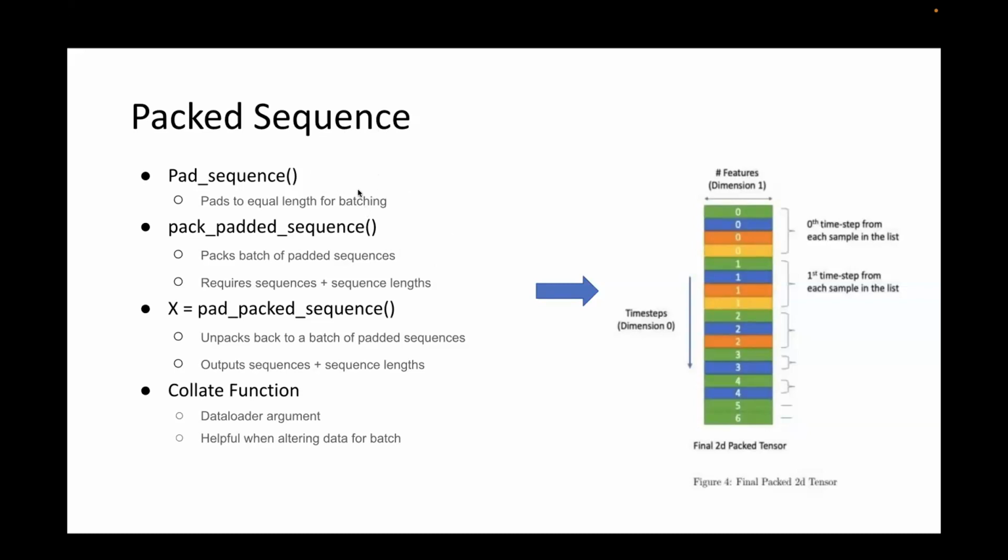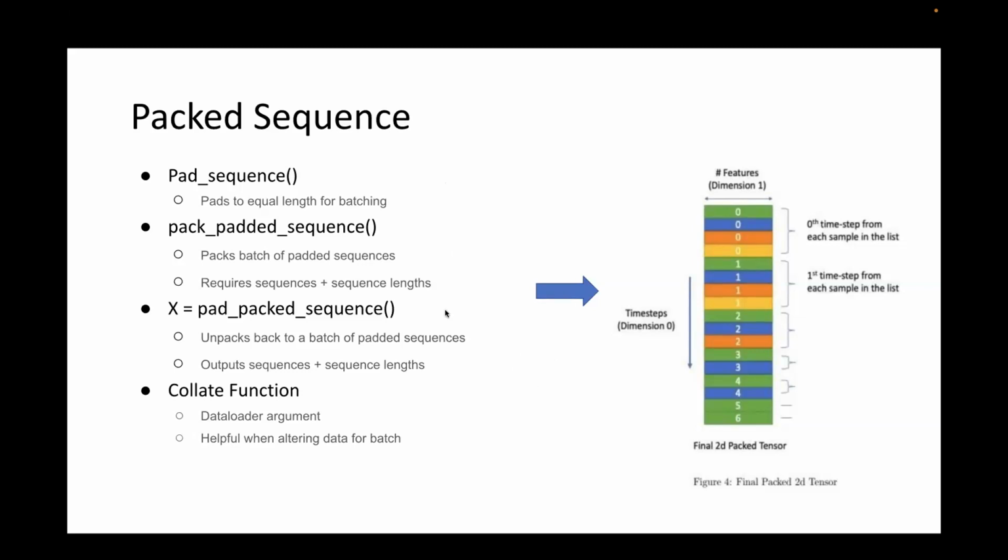But briefly, the flow would look like this: you will pad the sequences when you do batching, and packing and unpacking will be used after that because PyTorch LSTMs require packed input. So whenever you pass your input into your LSTM layers, you will need to pack it, and the output of the LSTM will need to be unpacked if you have to pass it to any further classification layer.